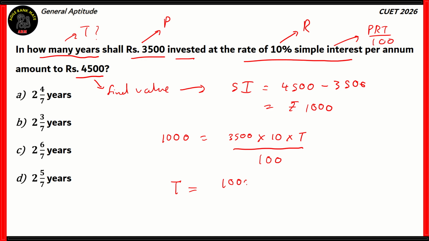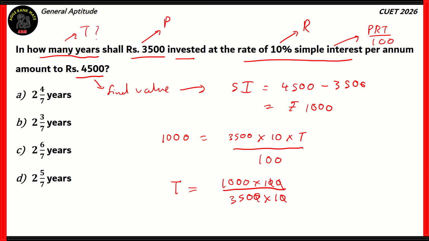So the numerator now becomes 1,000 times 100 divided by the denominator in this case, which is 3,500 times 10. So we've got a lot of zeros that we can cancel.